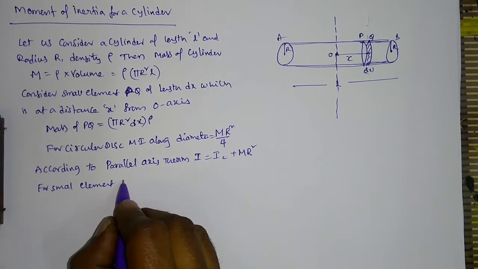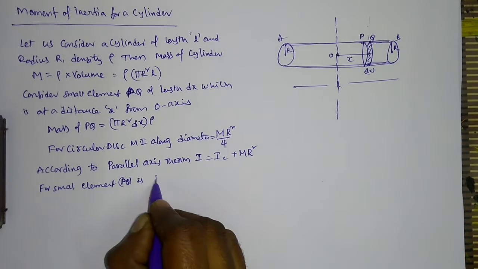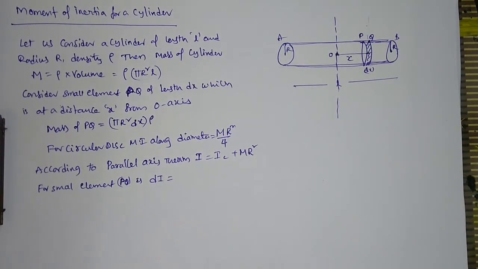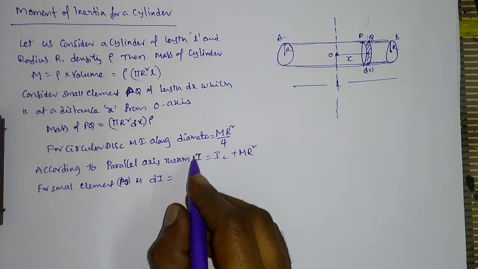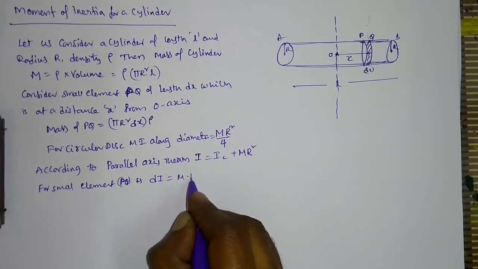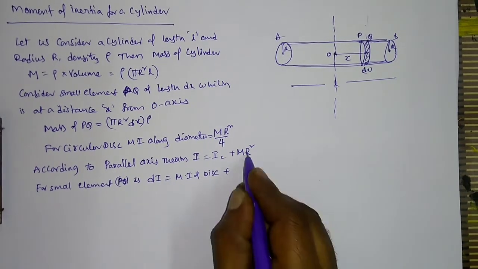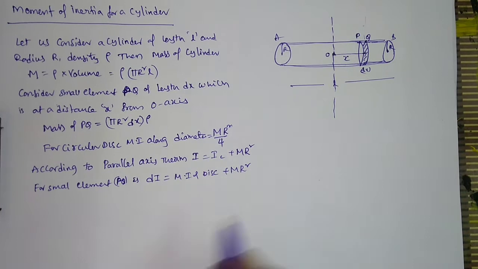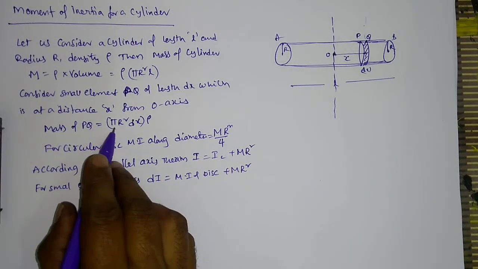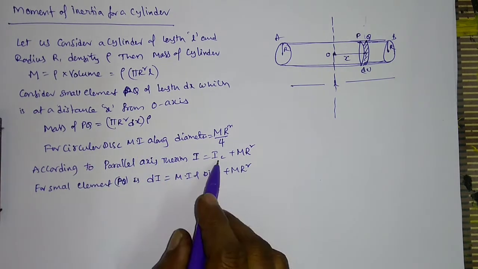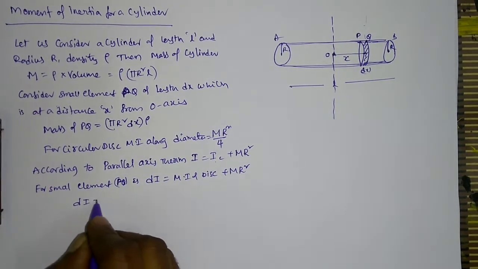The moment of inertia of the element PQ, that is dI, is equal to the moment of inertia of the disk plus mr square.